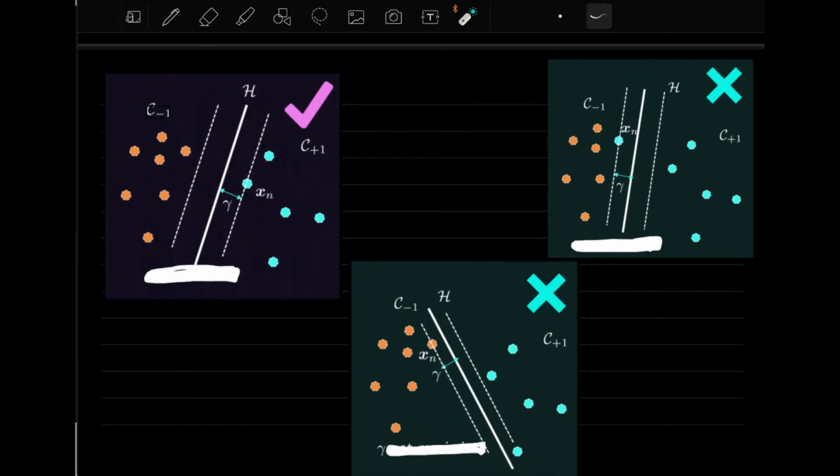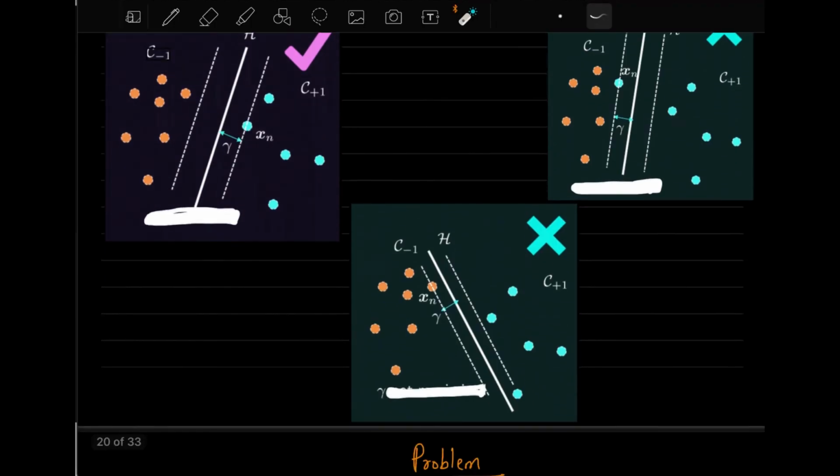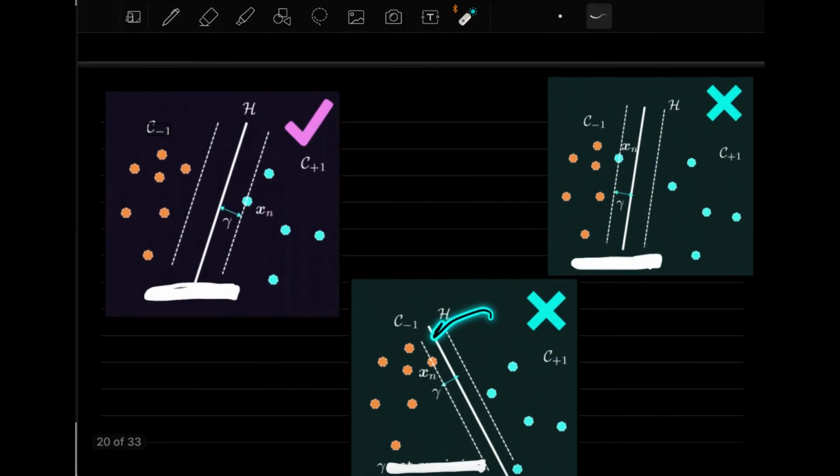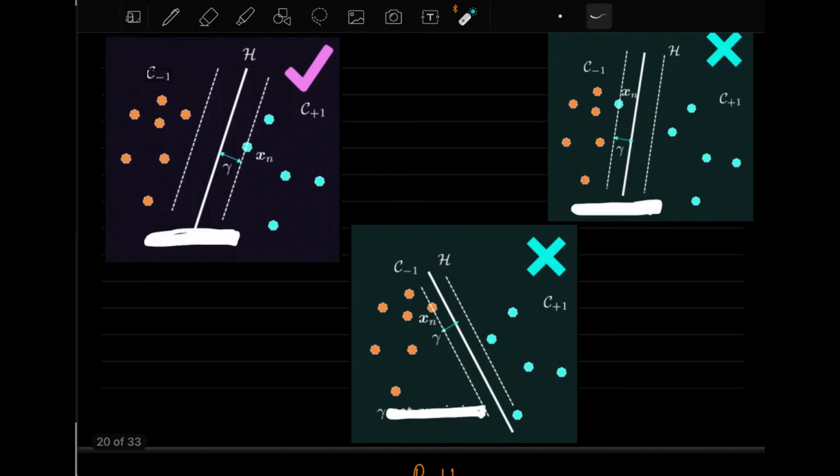Whereas this situation is not a good one, because this is the same data set, but your hypothesis function is shifted to this side. Earlier it was this side, so now it is shifted to this side. So now you can see here the gamma is not maximized, it's a minimum.